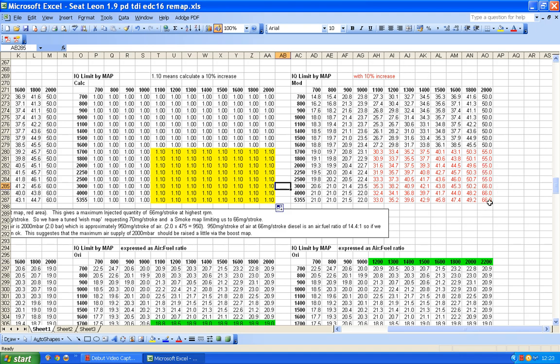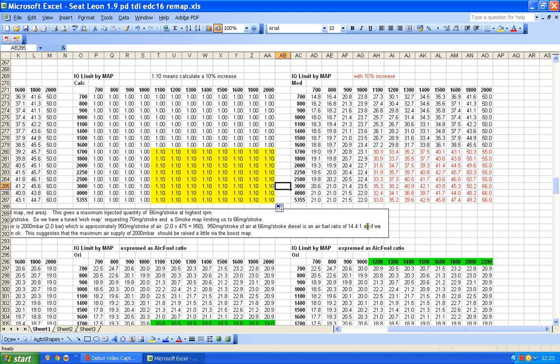Now if we assume that the 66 is achievable, then at 66 milligrams of fuel we would have roughly 2 bar of pressure. 2 bar of pressure will give us 2 times 475, so roughly 950 milligrams of air.